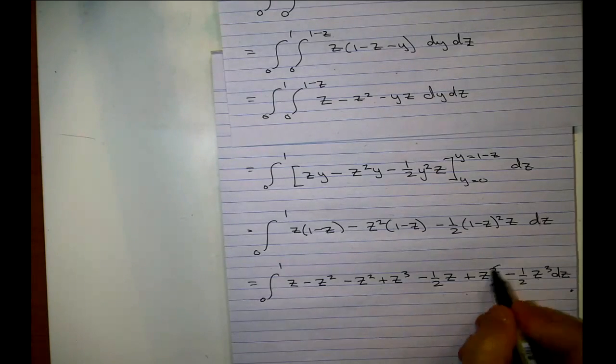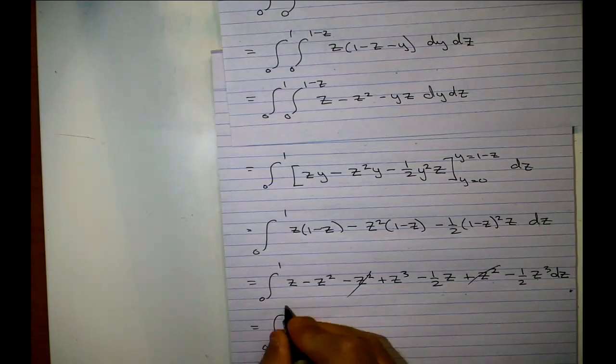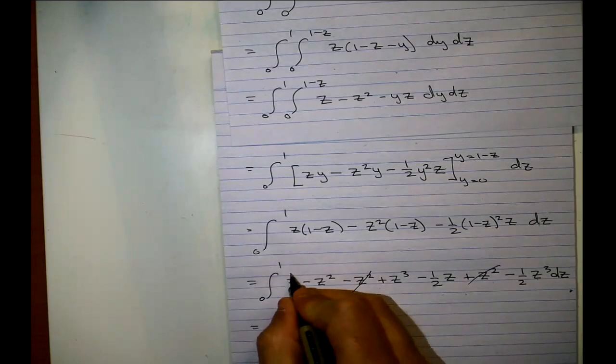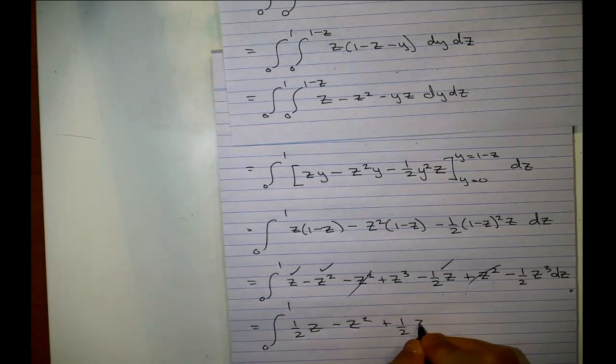So, one of those goes with one of those. Z minus a half z, that's a half z. That's that one and that one. What have I got, a z squared? I've just got a z squared on its own. Z cubed minus that, that's a half z.